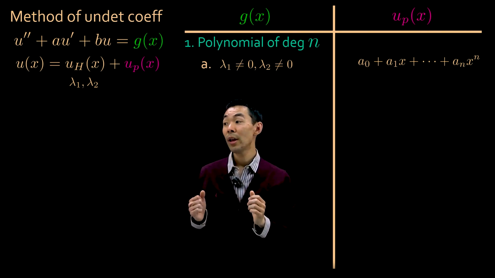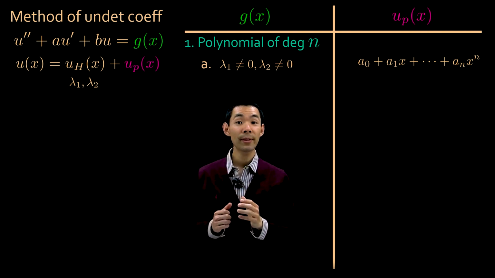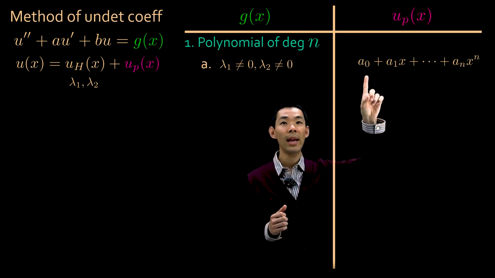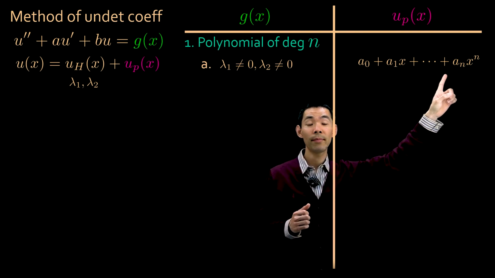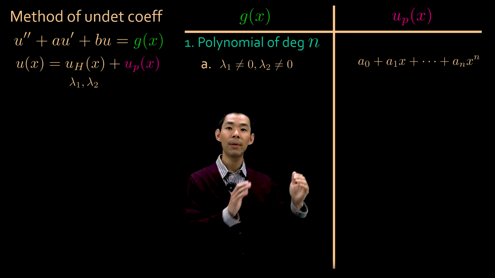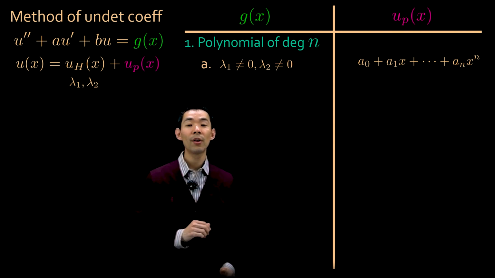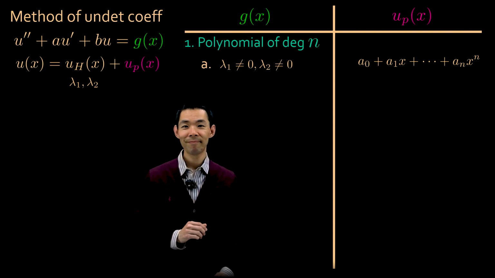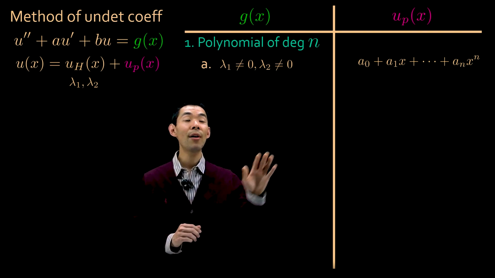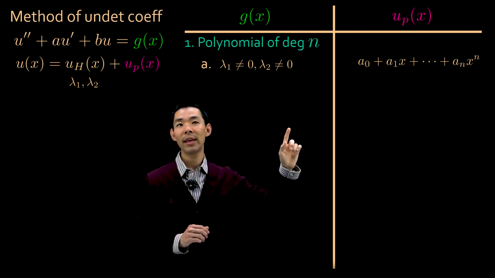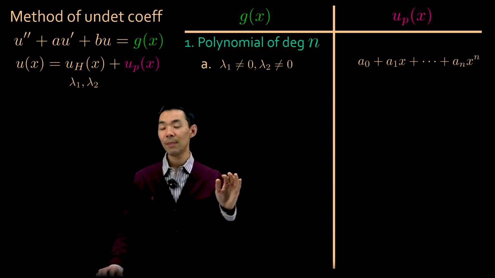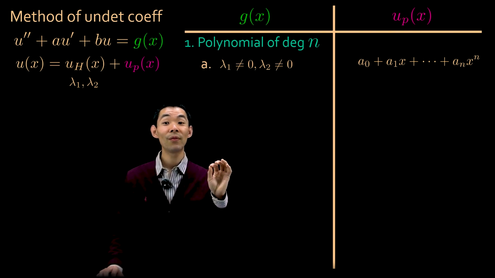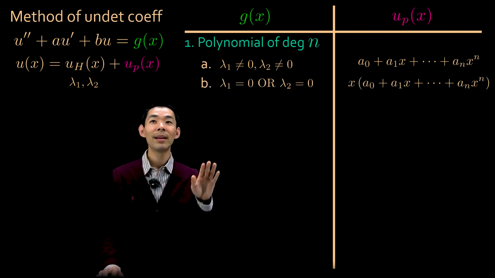So for example, if your g of x was x cubed, then you would need to keep a naught, a1, a2, a3, x cubed. So you keep those four terms for your particular solution. Okay? And we'll cover how you find your a naught, a1, a2, all the way to an in a little bit. But for now, let's just keep moving on and assume that you can find that. We'll show you how later.